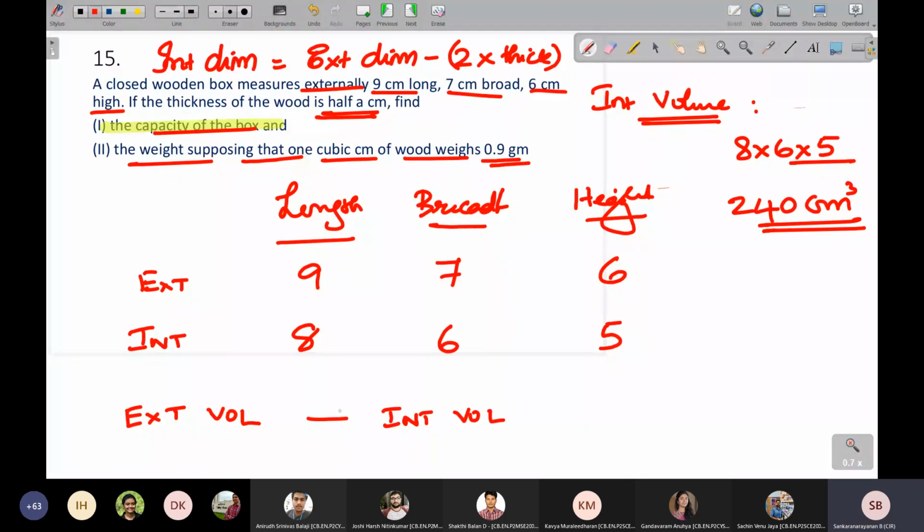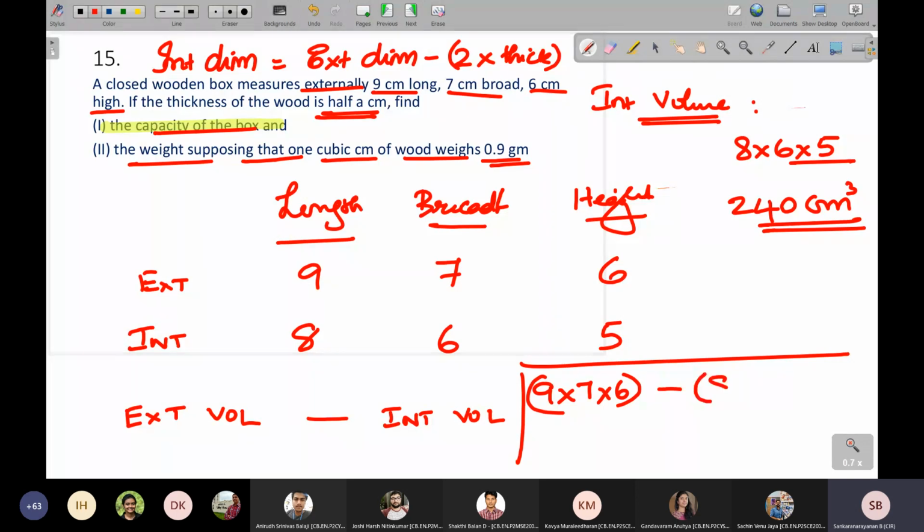Okay, a little bit of imagination. If you separate that free space that is there inside that wooden box and remove it, then what you get is nothing but the volume of the wood that is used. So here you need to do the calculation as 9 into 7 into 6 minus 8 into 6 into 5.